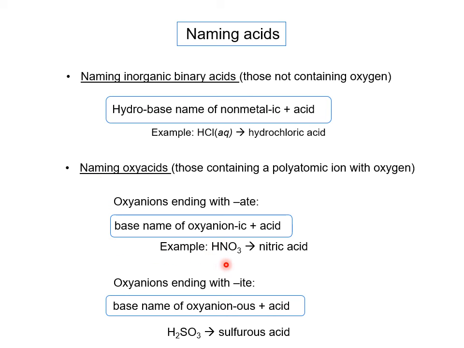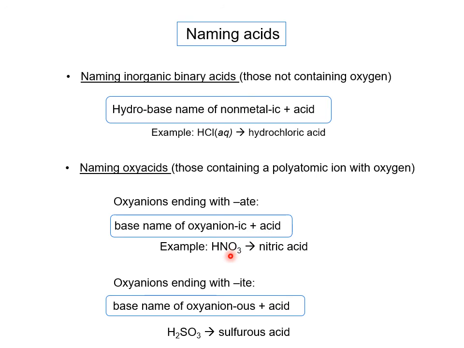If the polyatomic ion that's attached to the hydrogen ends in ate, for example, in this case we have nitrate attached to our hydrogen, then we name it by the base name of the anion followed by the suffix ic plus the word acid.